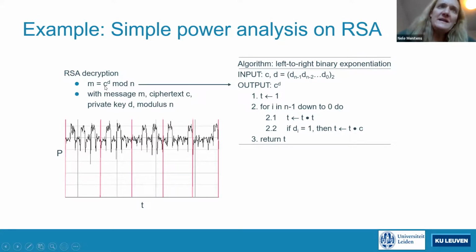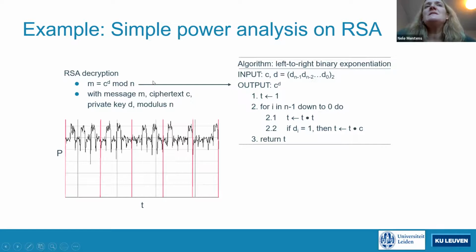So the ciphertext is raised to the power d, which is the private key, modulo n. n is a public number, everybody knows the modulus n. The ciphertext is what is being received by the receiver, and the receiver uses his own private key to do modular exponentiation, and what comes out is the message. This is the main thing in RSA decryption.